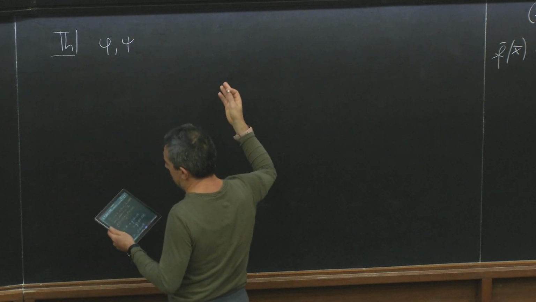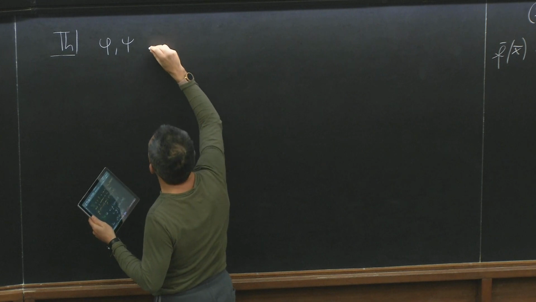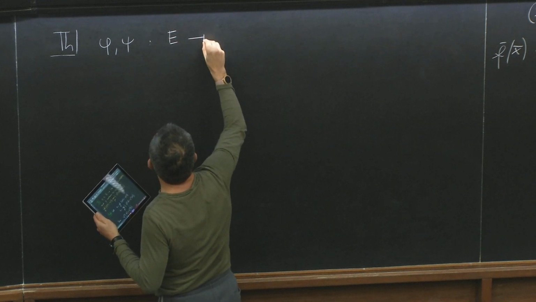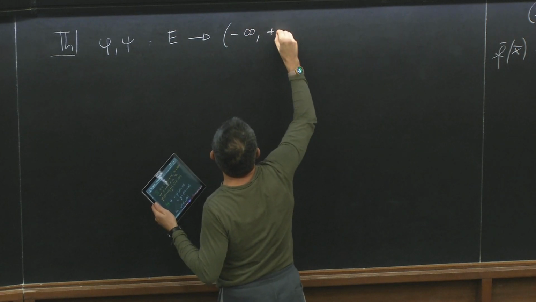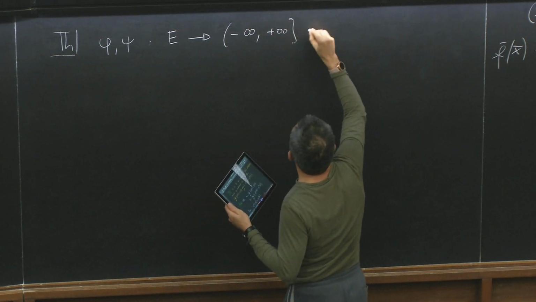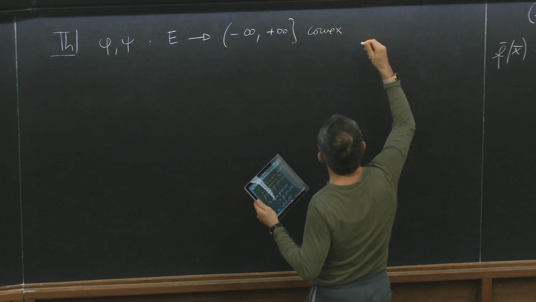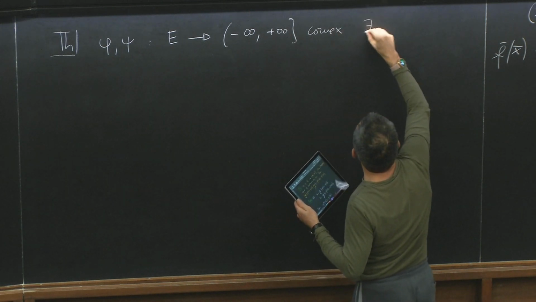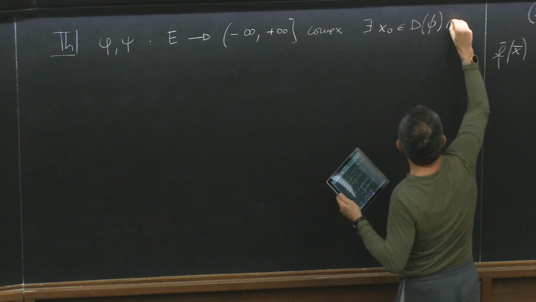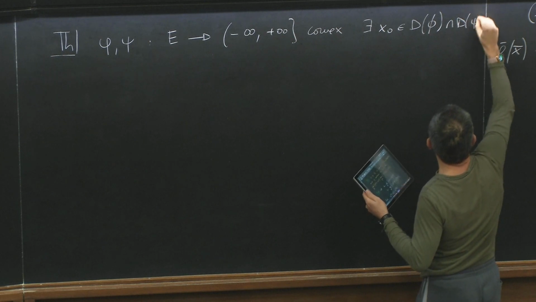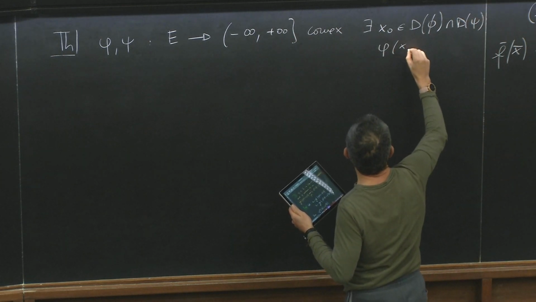So it's a dual. You have to minimize one problem, then you maximize the other one, or minimize the dual. Doesn't matter, you decide which side. So now they are convex, and then you assume that there exists x0 in the domain where both are finite, and one is continuous.